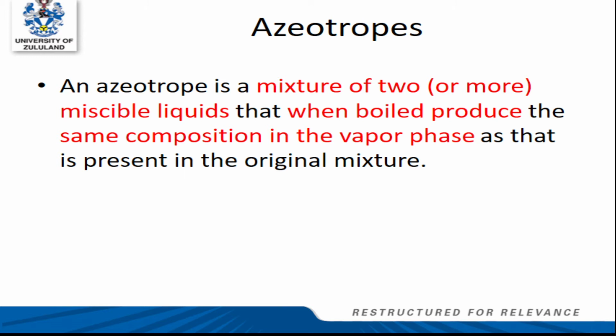In other words, when we are mixing these two liquids together, it is impossible for us to differentiate between liquid A and liquid B. Even when we are boiling them together, they are going to boil at the very same temperature and with the same composition.